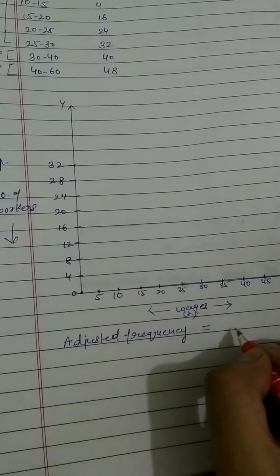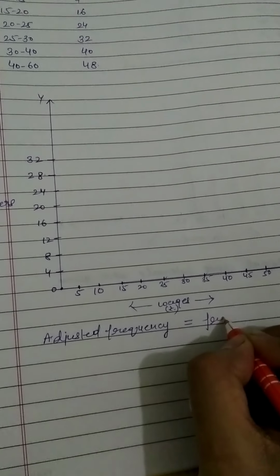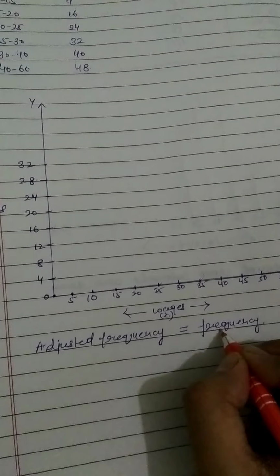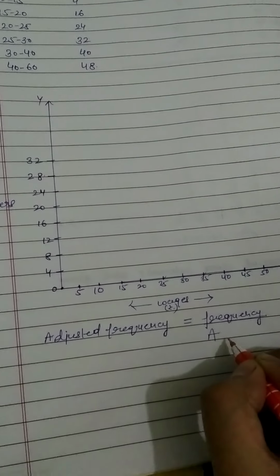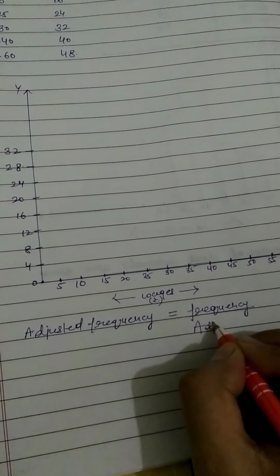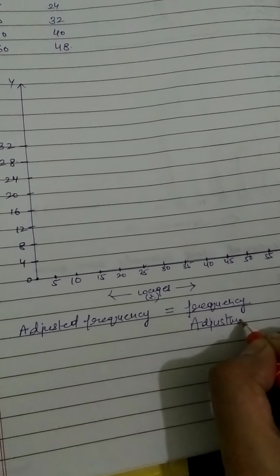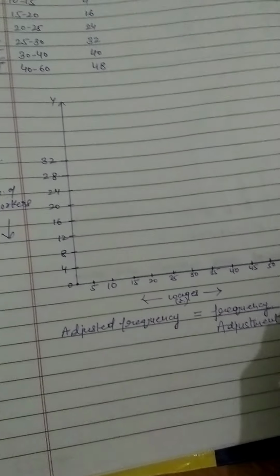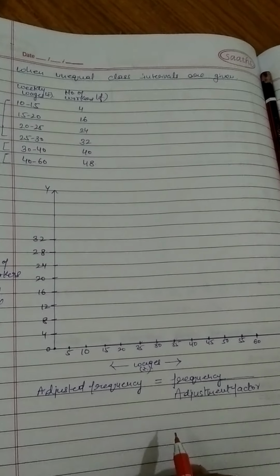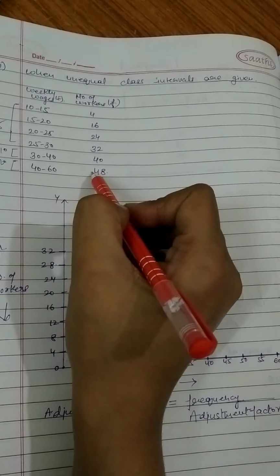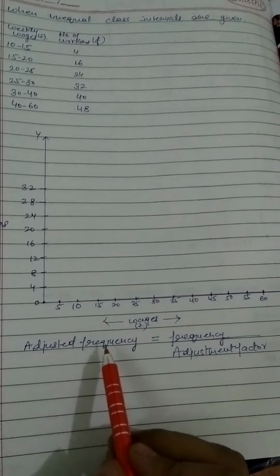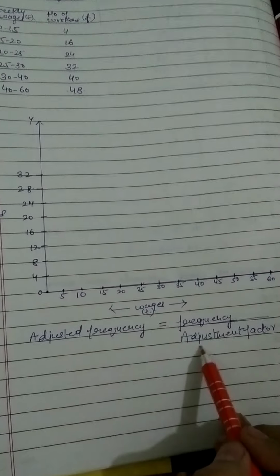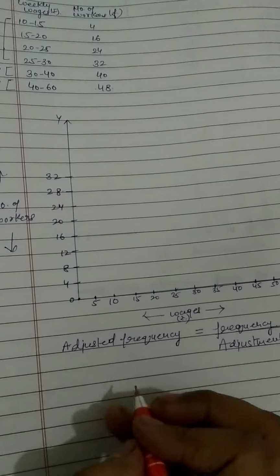Adjusted frequency is equal to frequency upon adjustment factor. Because class intervals are not equal, we need to adjust these frequencies, and the formula for adjusted frequency is these frequencies upon adjustment factor.